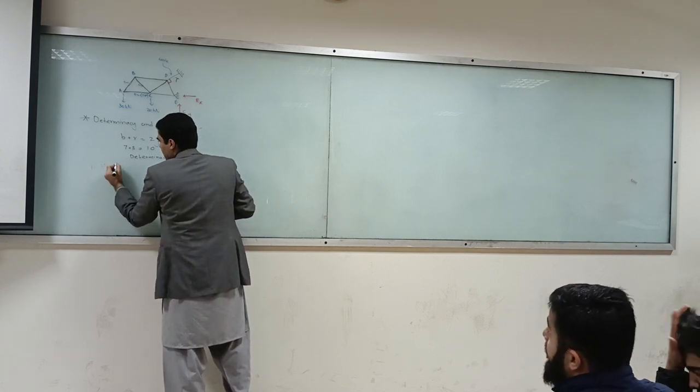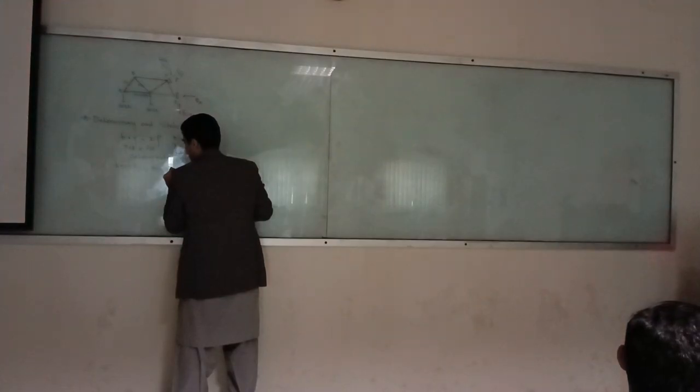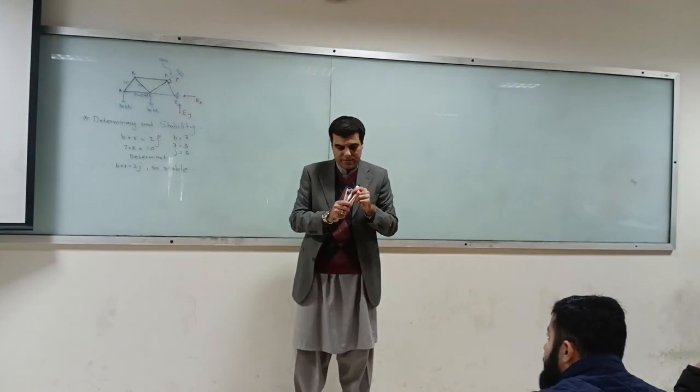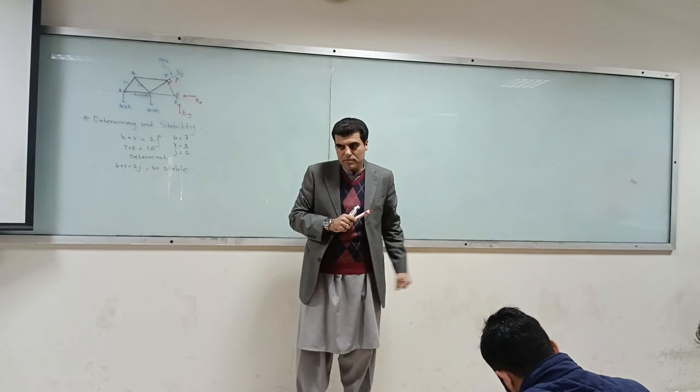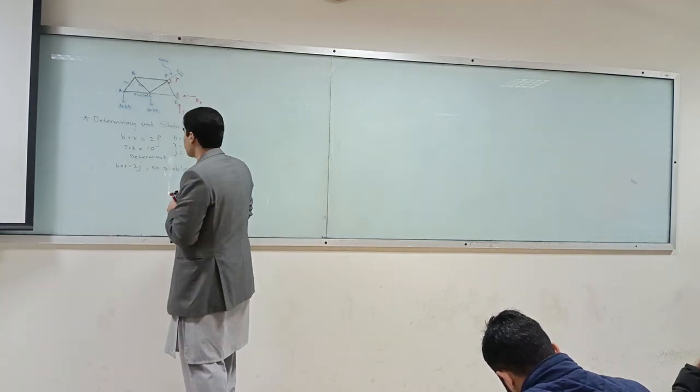Since b plus r is equal to 2j, it is a stable structure. So that is your determinacy and stability.